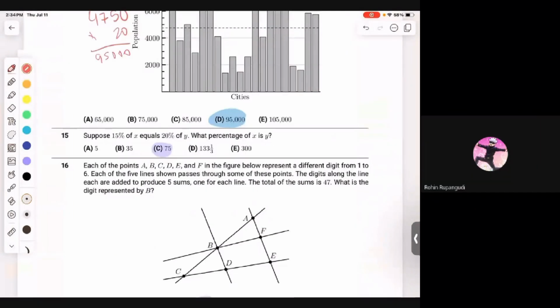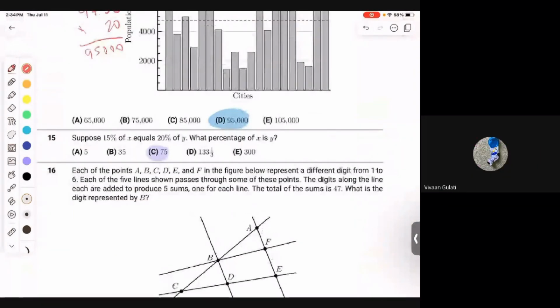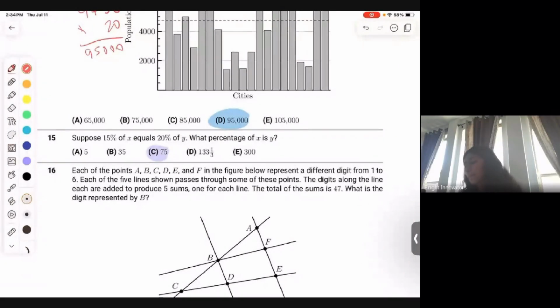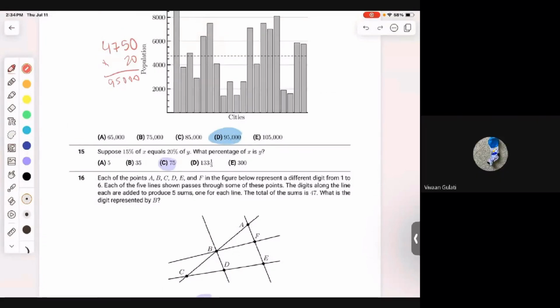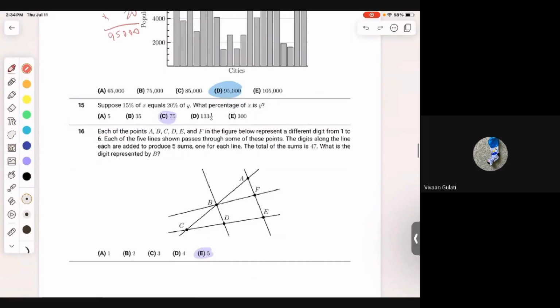But I got 16. Okay, hold on. Let me get my notes. We're on number 15, by the way. 15. Wait, 15? Mhm. That's 16. Is it not? Oh, you're on 15. Okay, never mind.